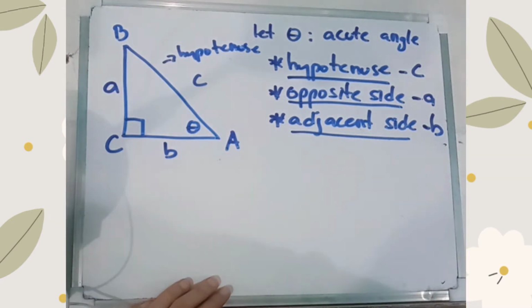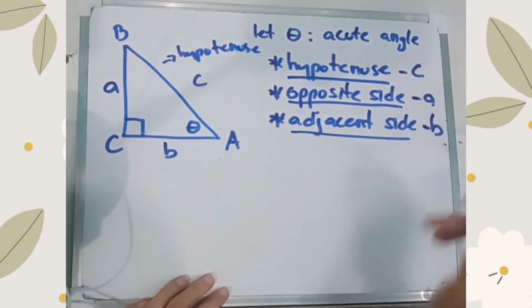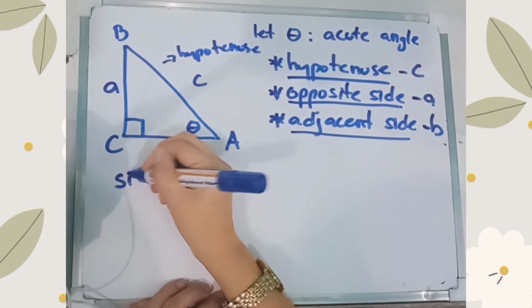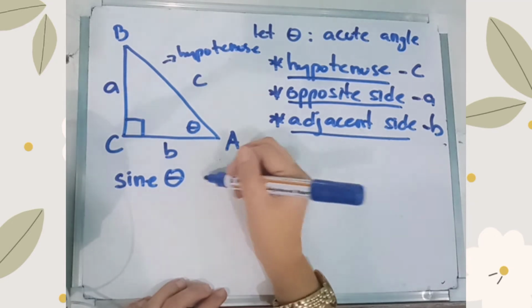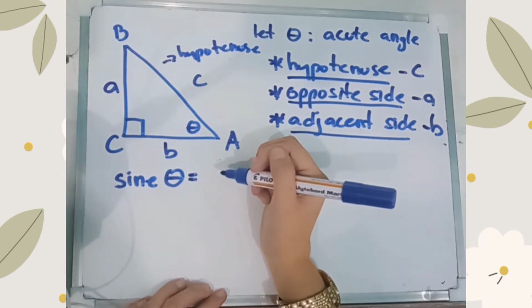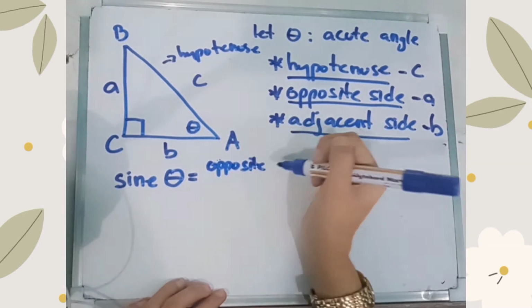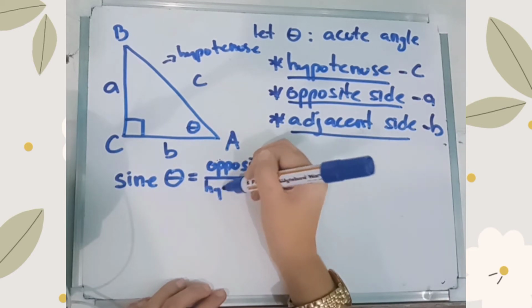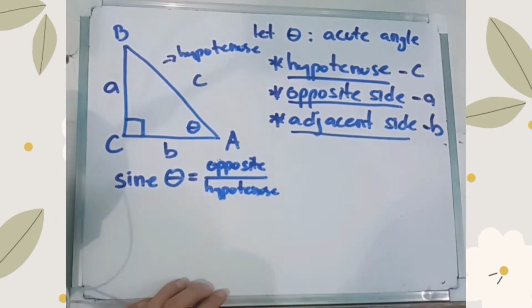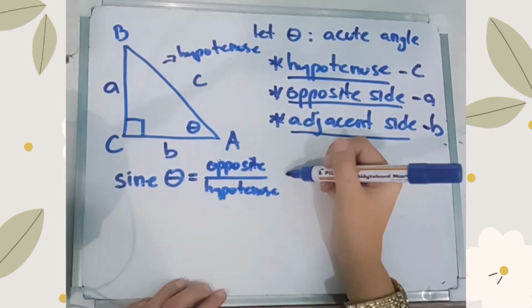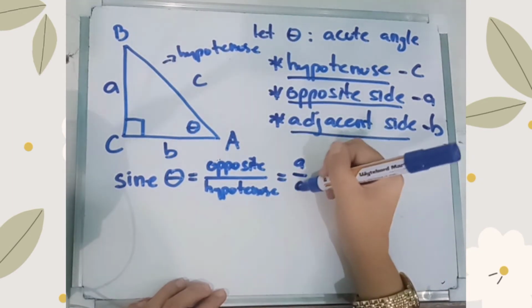Okay? Now, let's go ahead and identify the six trigonometric ratios. The very first one is sine theta. Sine theta is denoted by opposite over hypotenuse. Again, sine theta is opposite over hypotenuse, so that is a over c.